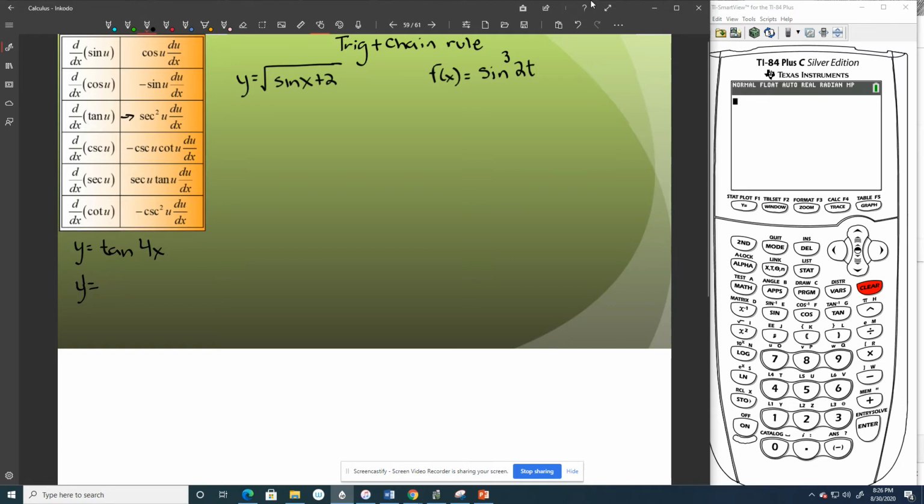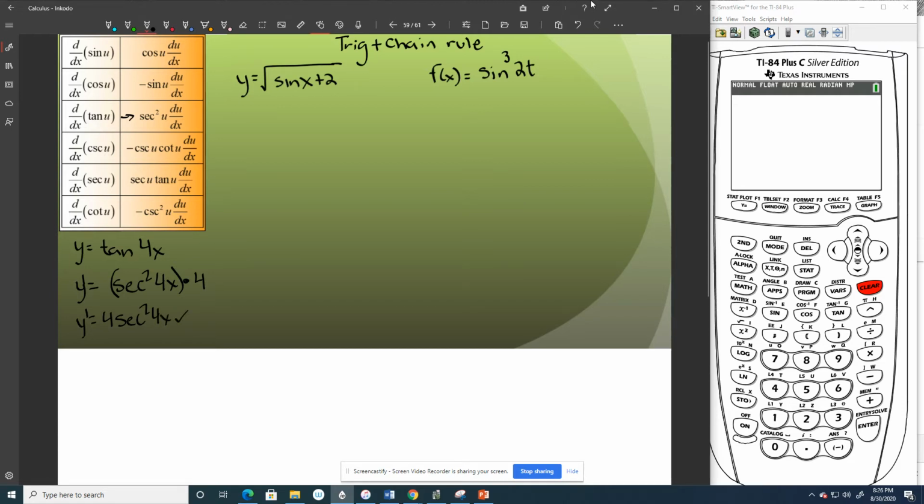And remember, derivative of tangent is secant squared of 4x. So that's just the derivative of the tangent part. But then I've got to multiply by the derivative of the inside, which is 4. So when I rewrite that, y prime equals, let's move that to the front, 4 secant squared of 4x would be your final answer for that one.